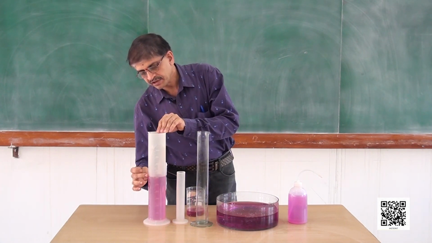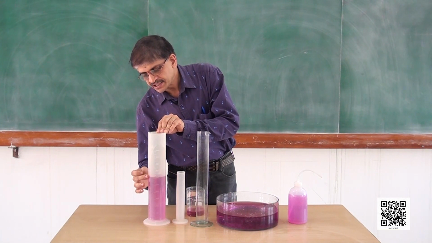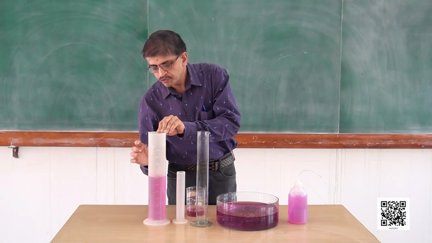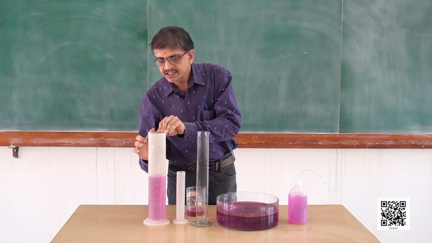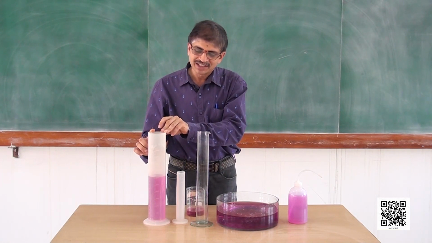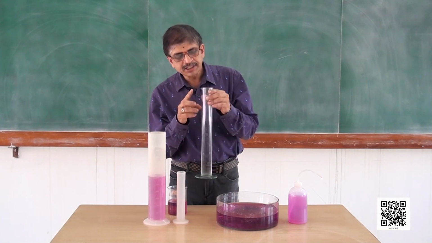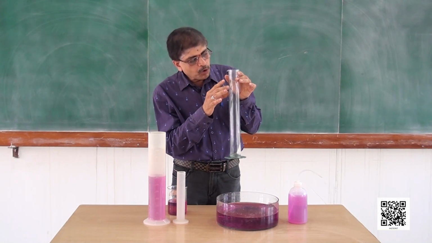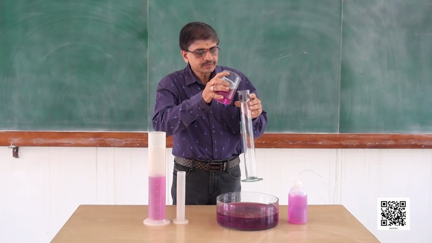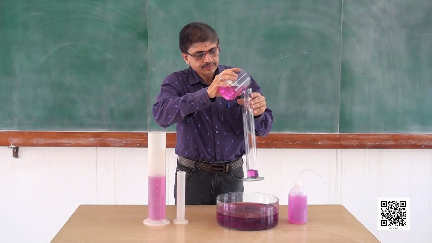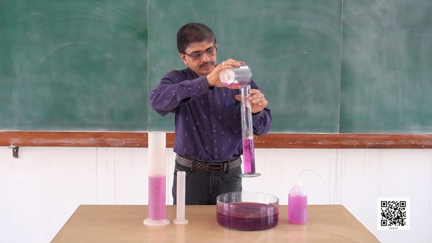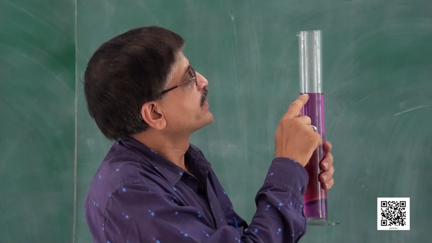Children, observe carefully here. Water level reached up to 600 milliliters. Now can you please tell me how much more I have to fill so that it will reach up to 1000 milliliters? Very good, 400 milliliters. We now take a 500 milliliters measuring cylinder and pour water up to 400 milliliters. Children, observe carefully.